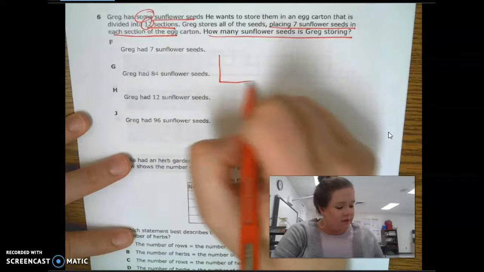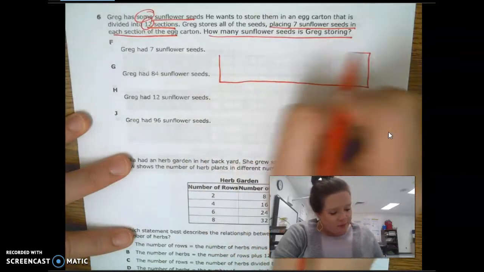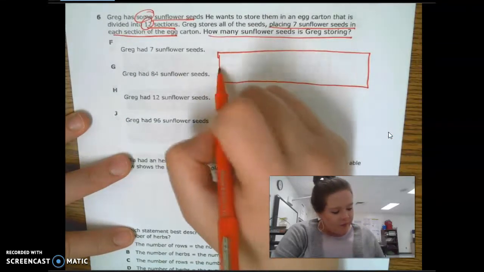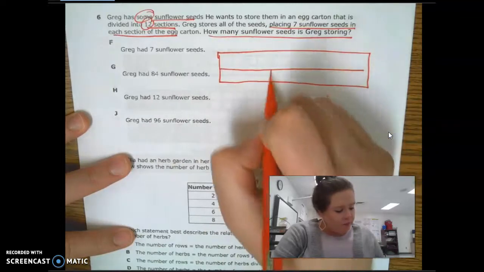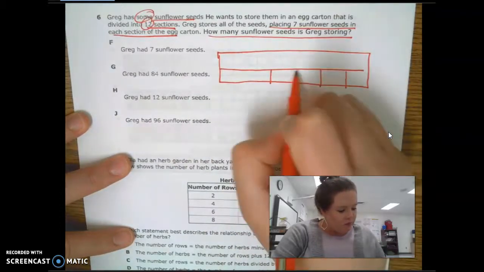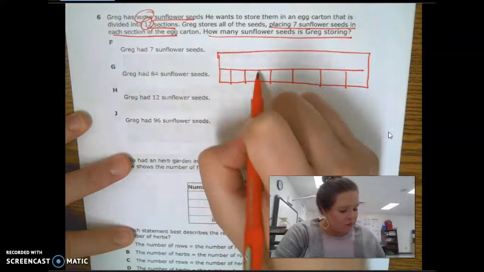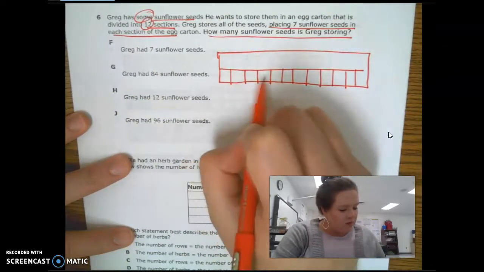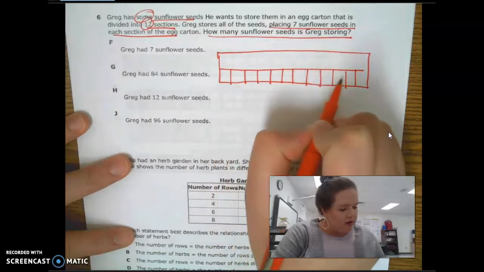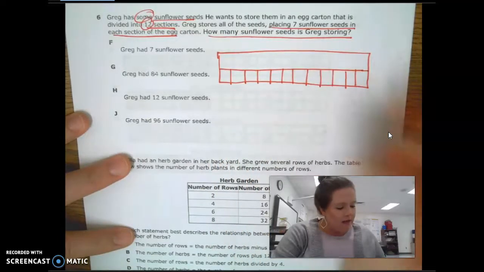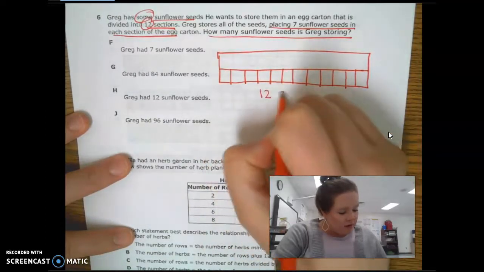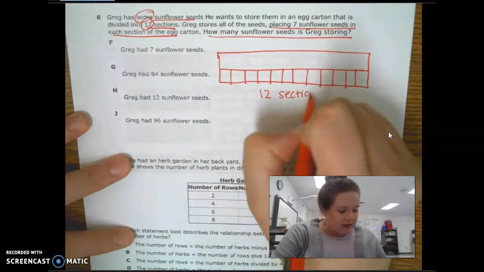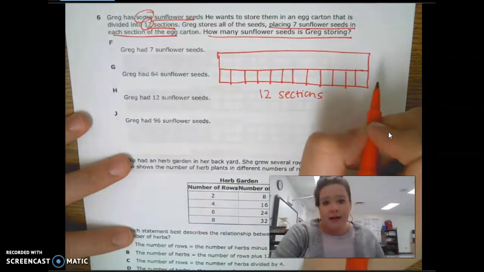So you make your strip diagram. One, 2, 3, 4, 5, 6, 7, 8, 9, 10, 11, 12. Okay, these are the 12 sections of an egg carton.